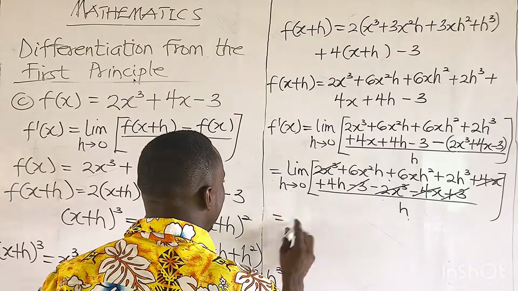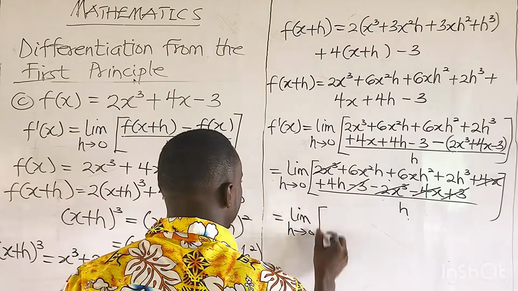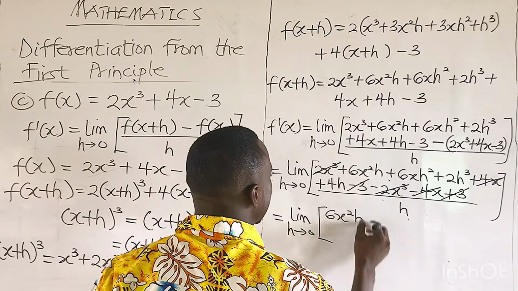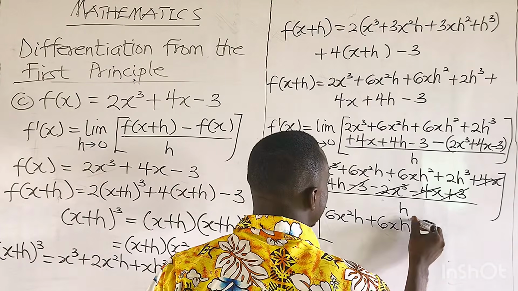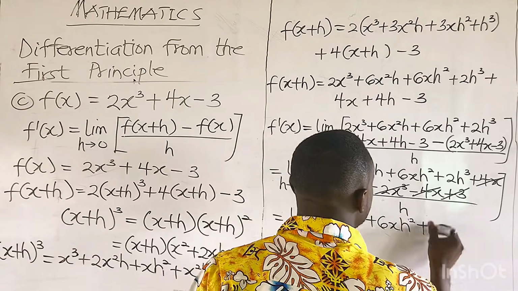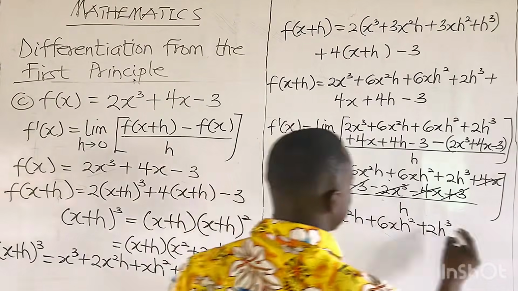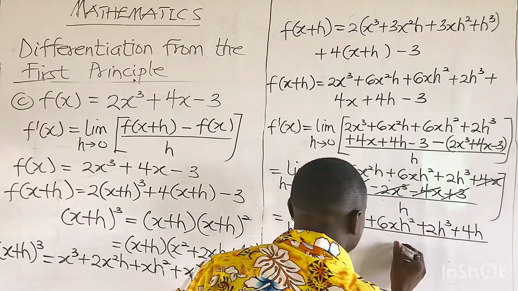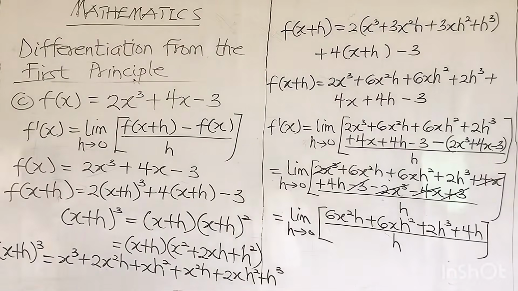So we still have limit as h approaches 0. Then I still have 6x squared h, then plus 6xh squared plus 2h cubed plus 4h all over the h. Then you close the bracket gently.